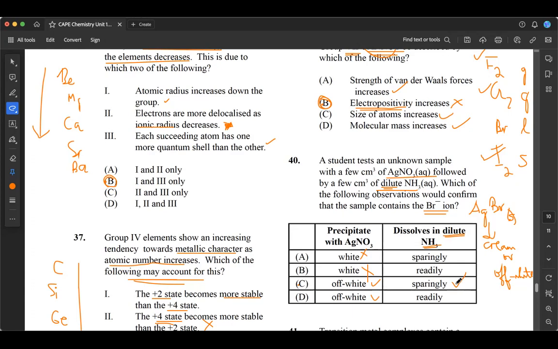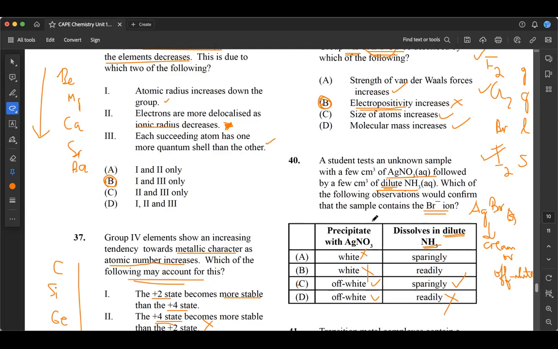So we can rule out this D option here. It's not going to be readily soluble. It would be readily soluble if we had concentrated ammonia, but that's not what we have. We have dilute ammonia, so the silver bromide will only be sparingly soluble, and that would confirm the presence of a bromide ion, okay?